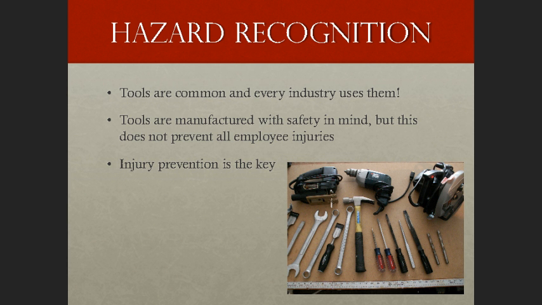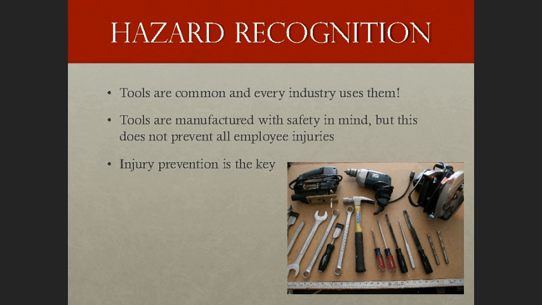Let's begin the process of hazard recognition. So what I'd like to discuss here is that tools are such a common part of our lives that it is very difficult to remember that they may pose hazards. All tools are manufactured with safety in mind, but tragically, a serious accident often occurs before steps are taken to search out and avoid or eliminate tool-related hazards.